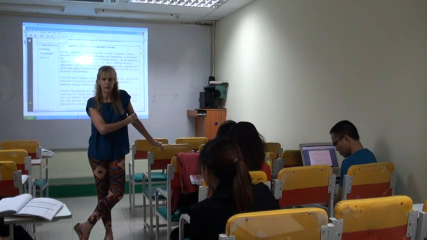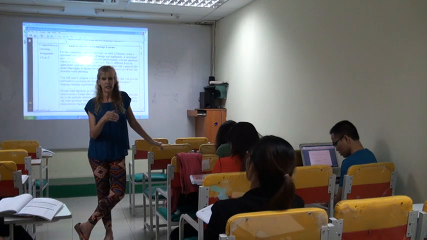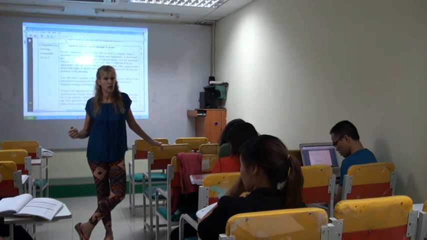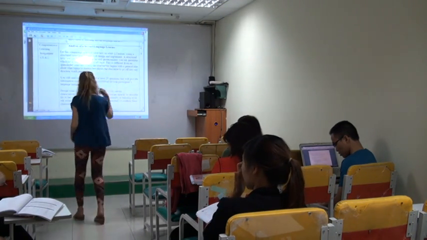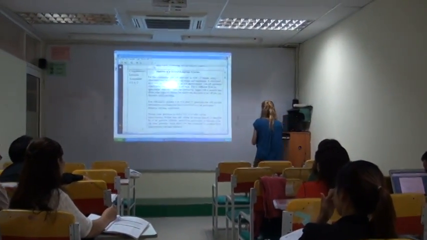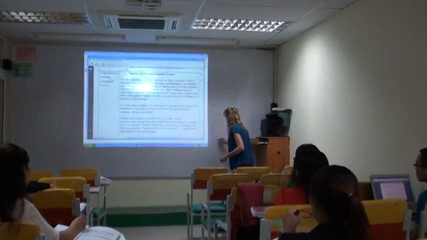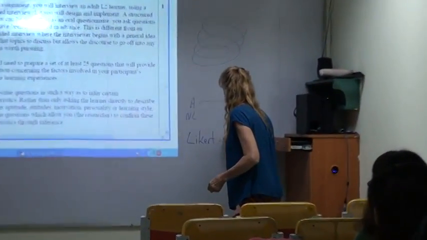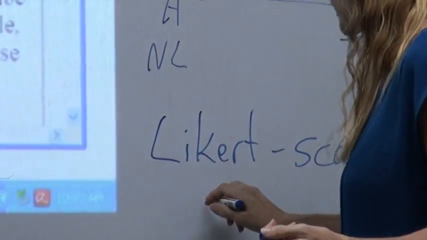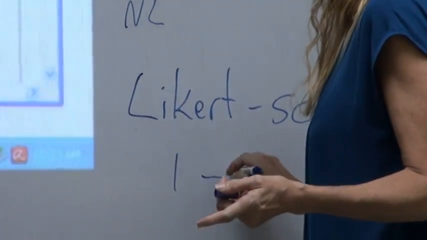Yes, absolutely. In that situation, you give the questionnaire to many, many different people. Usually those kinds of questionnaires use what we call a Likert scale, which is usually on a scale of 1 to 5.